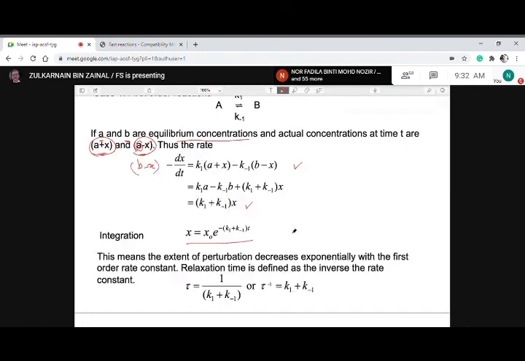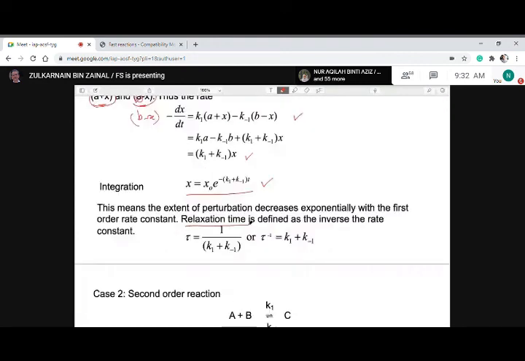So the integrated form of the equation is this one, where k1 and k minus 1 you can relate to the relaxation time. So k1 and k minus 1 will give you the relaxation time.